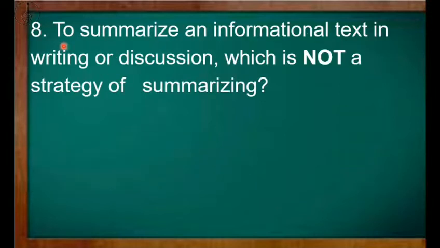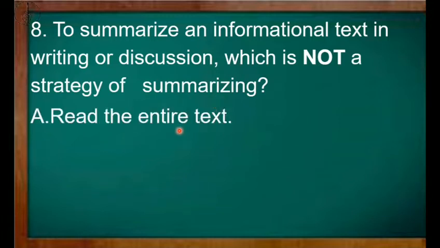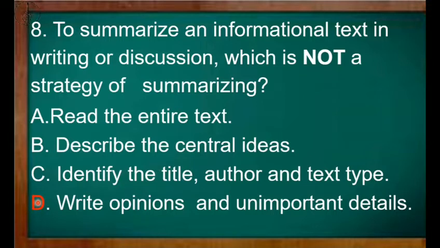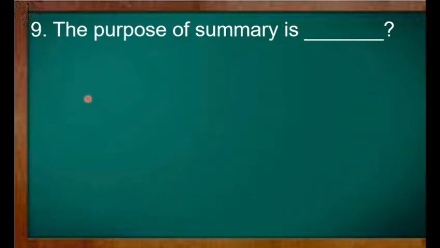Number 8. To summarize an information text in writing or discussion, which is not a strategy of summarizing? Correct answer is letter D, write opinions and unimportant details. Number 9.